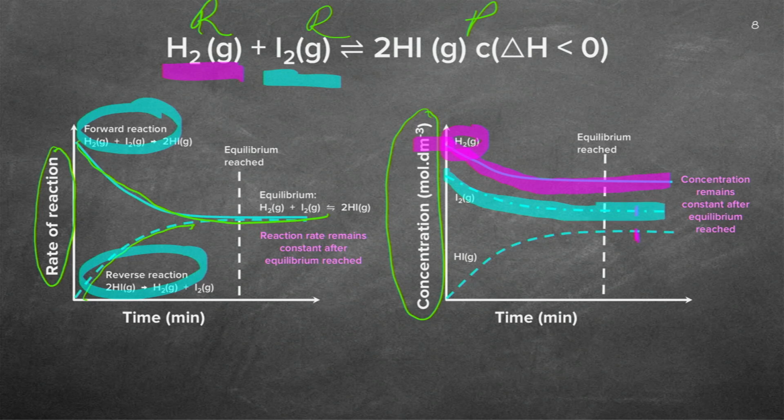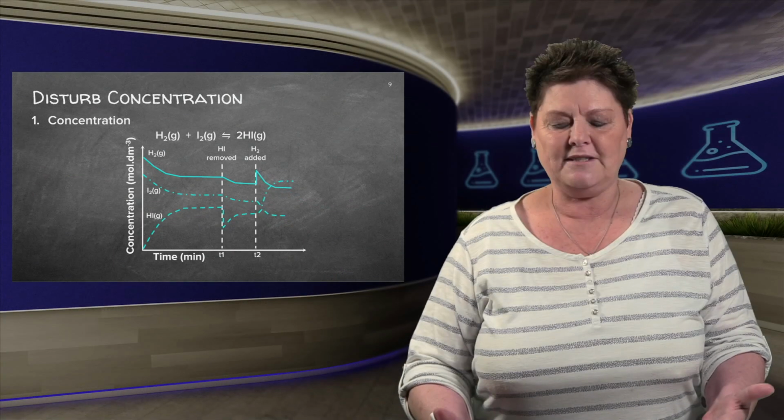Then finally, I've got this product being formed until it gets there, and now I've got equilibrium. This is concentrations. I start off with no product, but I do have the two reactants, and you can see what's happening. Now I'm going to disturb the three factors.